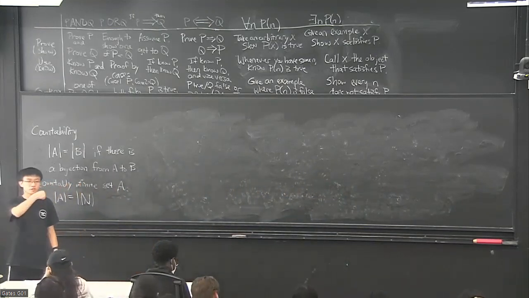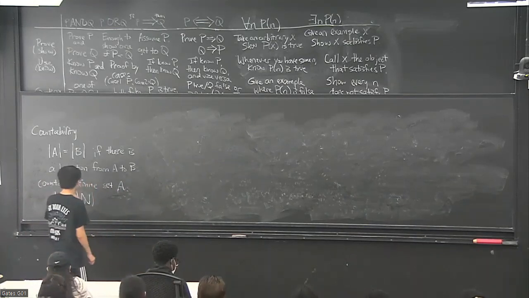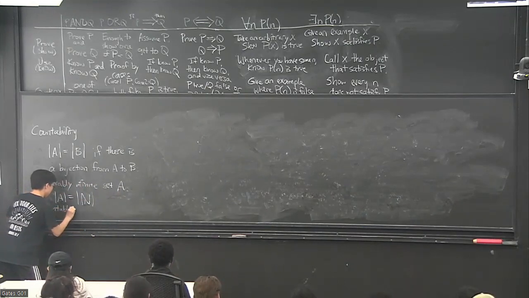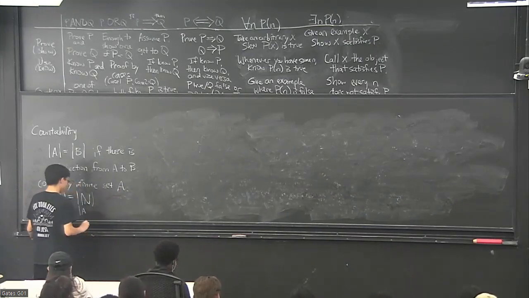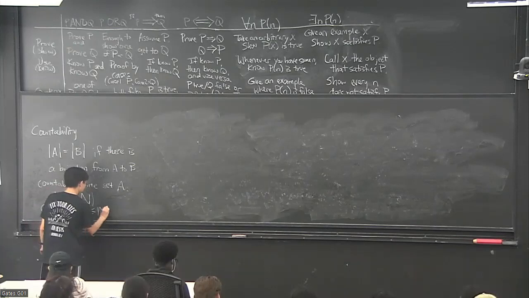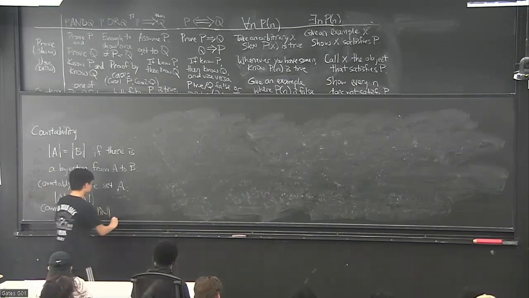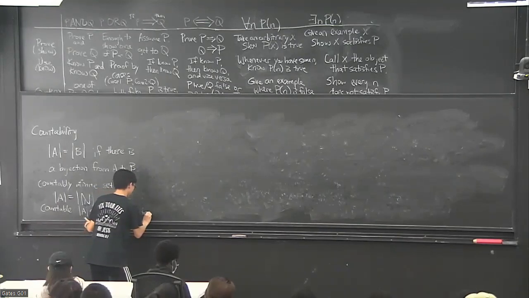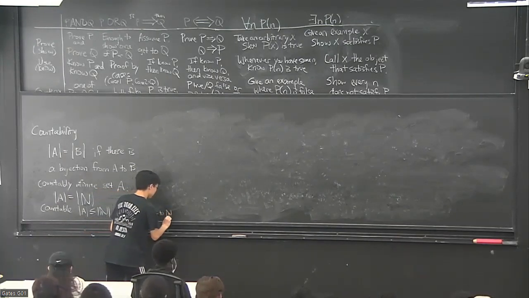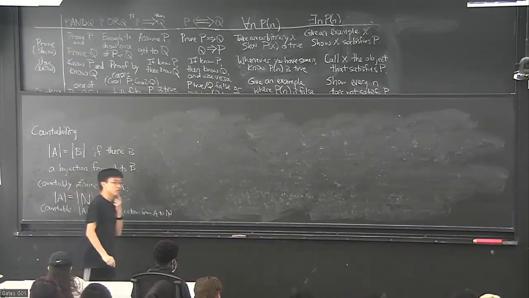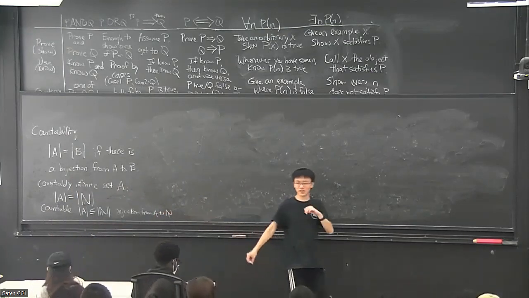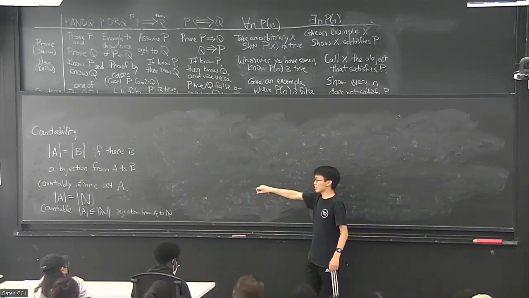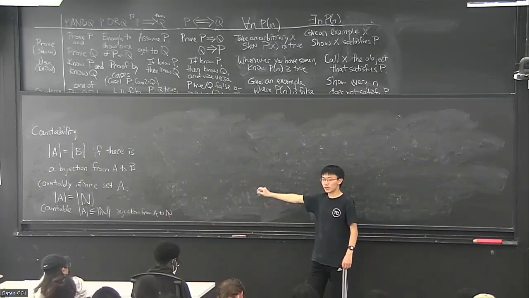I believe to say that a set is countable means there is an injection from A to the naturals. The very precise definition, I'm not exactly sure whether they changed in the notes, so you might want to check that.